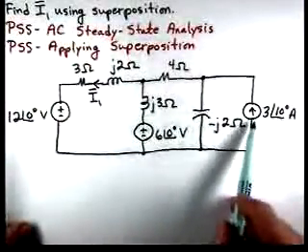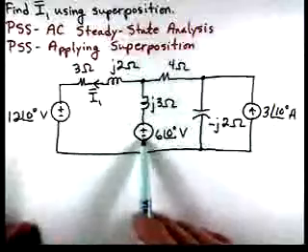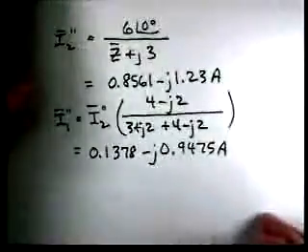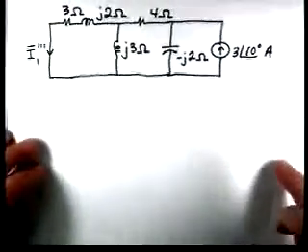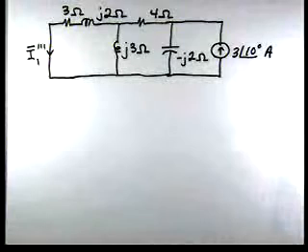Now we need to find the contribution from the current source. So we turn both of these voltage sources down to 0. Our resulting circuit is shown here. Again, we're going to need to do some impedance and admittance combinations.